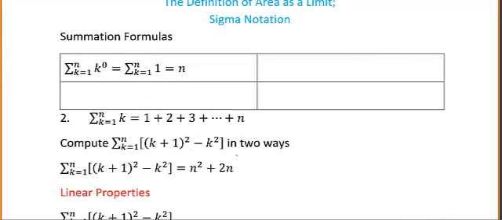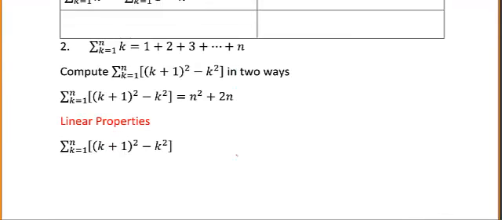All right, now let's look at this another way, using those linear properties that we just developed above, that we could take out constant factors and split summations up into their separate terms and so forth. This is going to be the same thing as the sum as k goes from 1 to n of this expression.